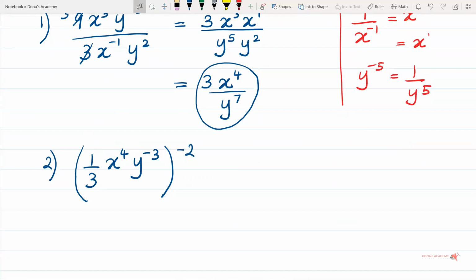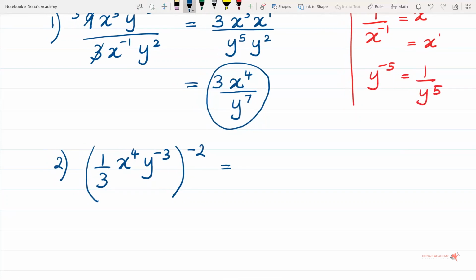So please go back and check how I proved the laws. There I was assuming the exponents are positive. However, we can apply the same laws even if we have negative powers. It doesn't matter. It's still true, right? So we can use the power of power rule here.